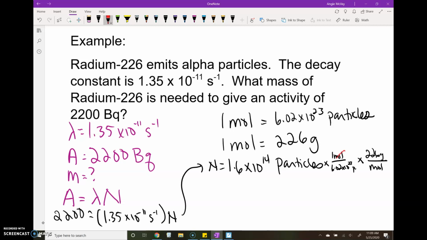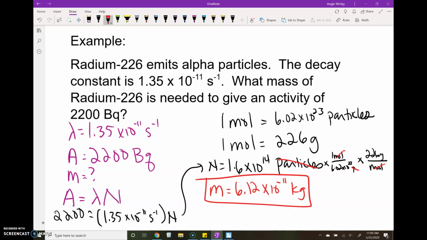And so we can cancel out the moles and cancel out the particles, and we end up with a mass that's equal to 6.12 times 10 to the negative 11 kilograms. So doing a little chemistry with our physics, we're able to use our activity equation to come up with the mass that's equivalent to the number of undecayed nuclei.